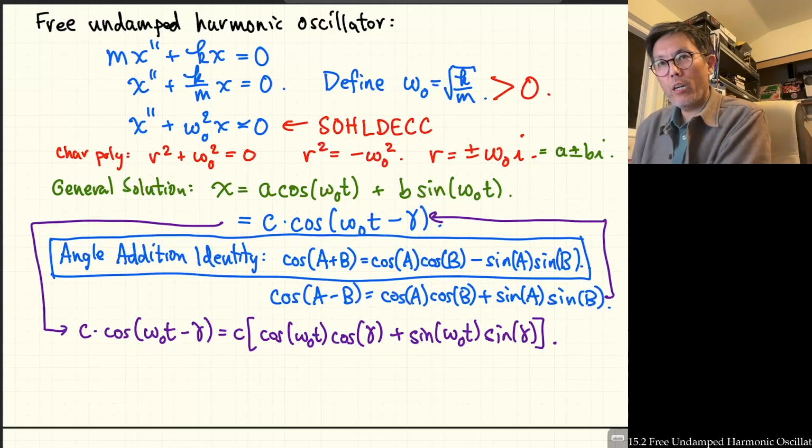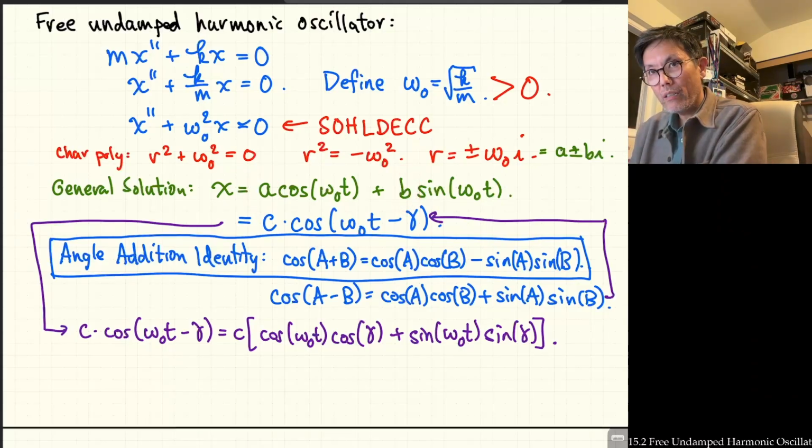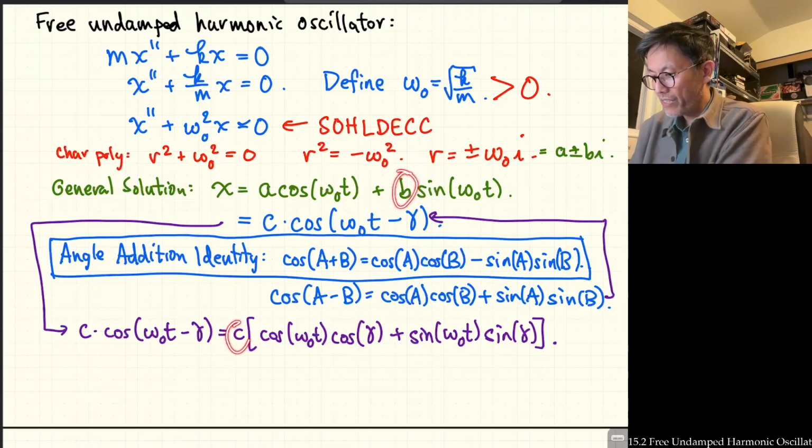We're on our way, because we've got the cosine omega naught t and the sine omega naught t that we want to see. So what's playing the role of A and of B? A is going to be C cosine gamma, and B is going to be C sine gamma.